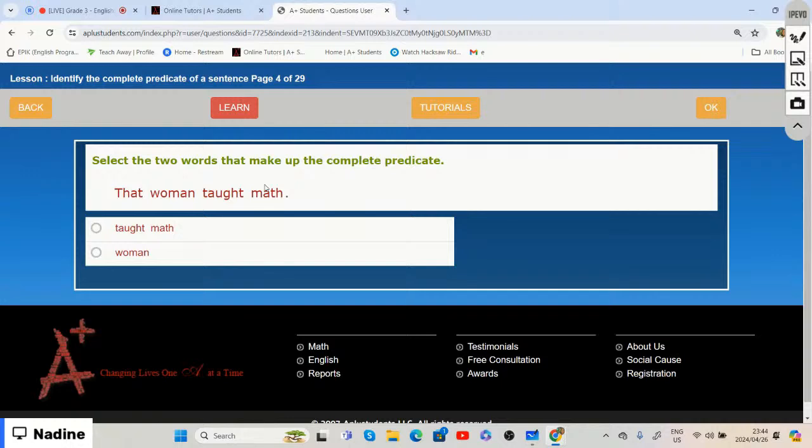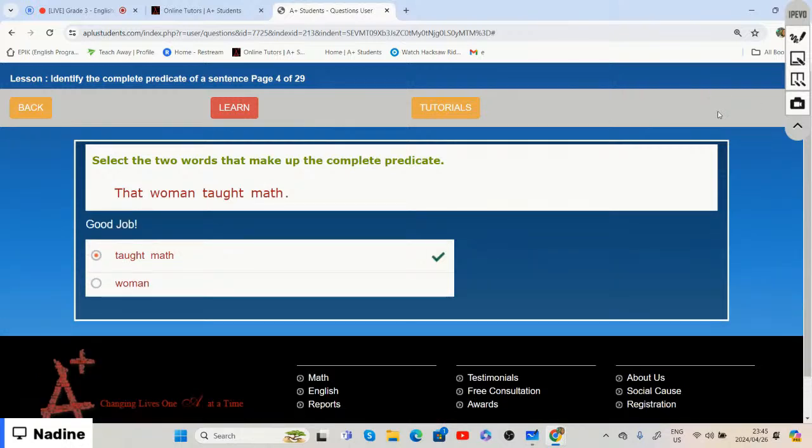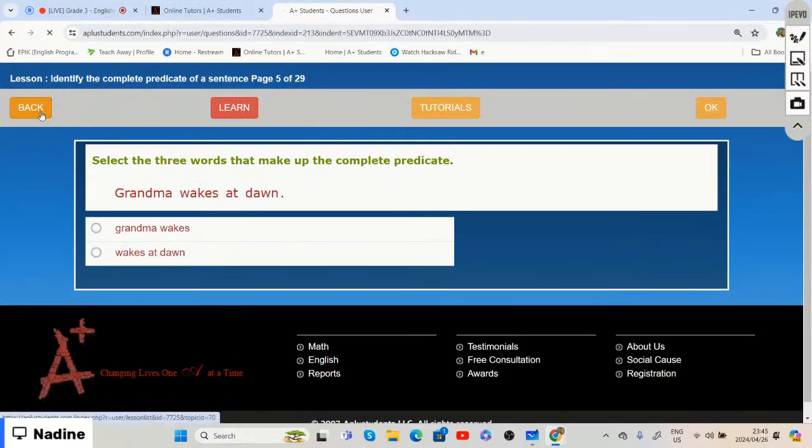Is it taught math or woman? Option one, option two, which is our answer? Right, so we can say taught math, and that is our predicate. That tells us what the woman does. All right, so well done, everybody.